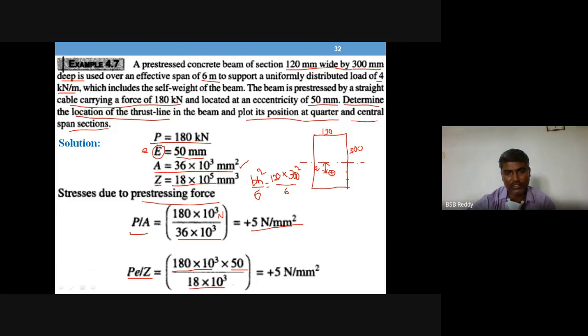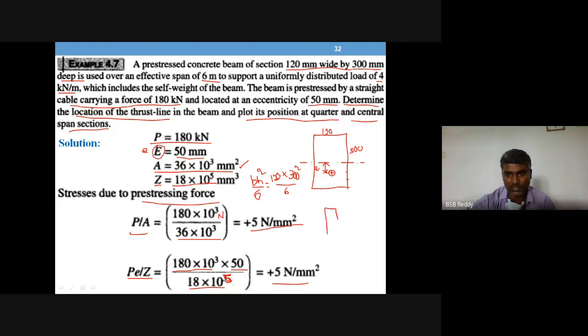So 18 into 10 power 5. There are mistakes that you have to correct, though it is taken from the textbook, which also has some typographical errors that you have to clearly identify. Okay, so it is 18 into 10 power 5 mm cube here, so that is coming around 5 Newton per mm square again. So this is direct stress.